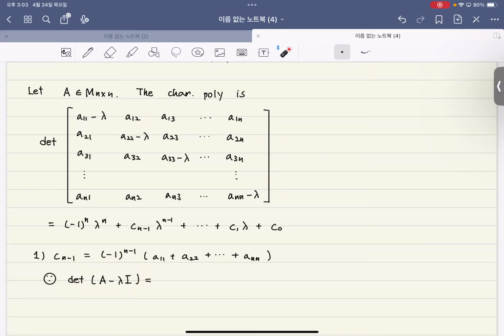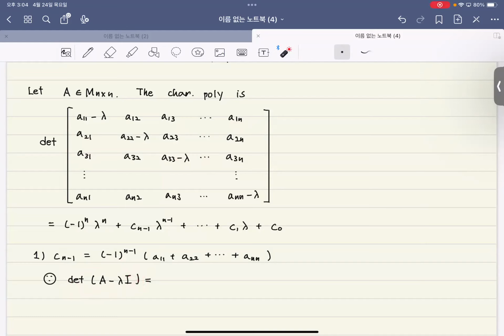Once you have chosen this column, then for the later rows you cannot choose this column anymore. For the third row you cannot choose column number 1 and number 2, so you have to choose another column. So for each of these rows you're choosing different columns, and because of this you must have n factorial many terms. This is the nature of the determinant.